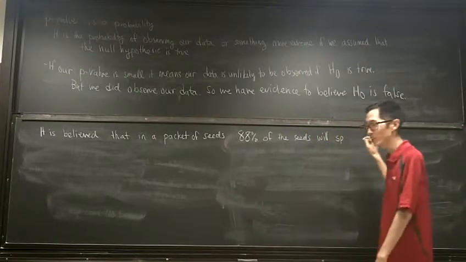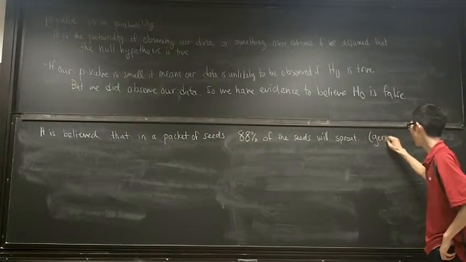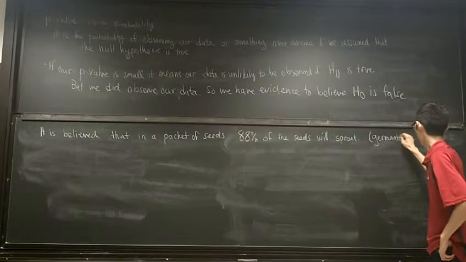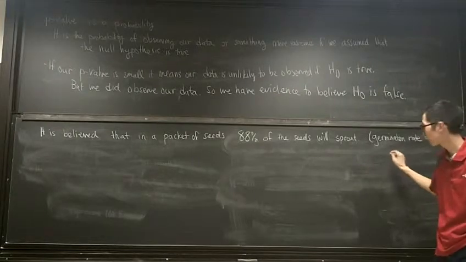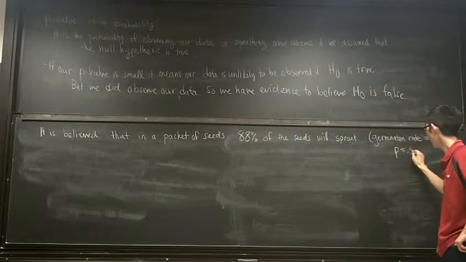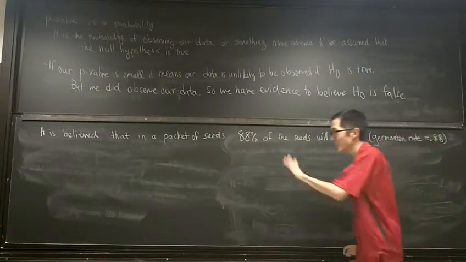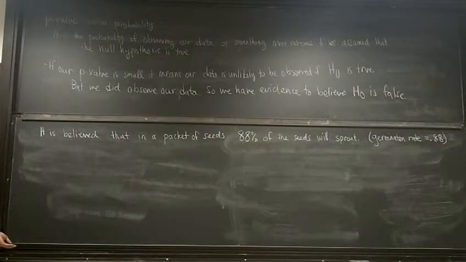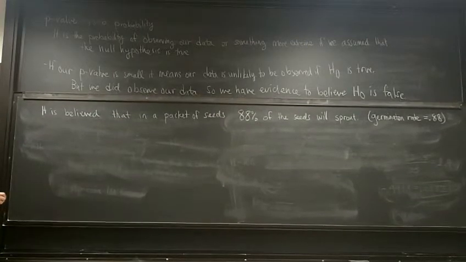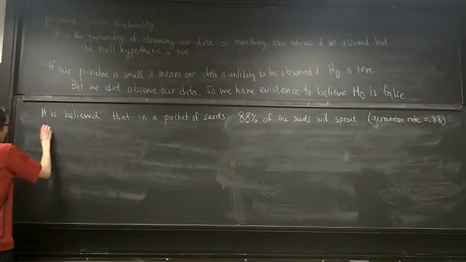They call it germination rate. So basically the germination rate equals 0.88, or just say P equals 0.88. So it is believed that in a packet of seeds, 88% of the seeds will sprout. You plant a packet of 50 seeds.